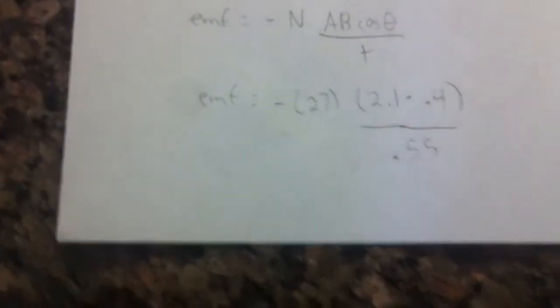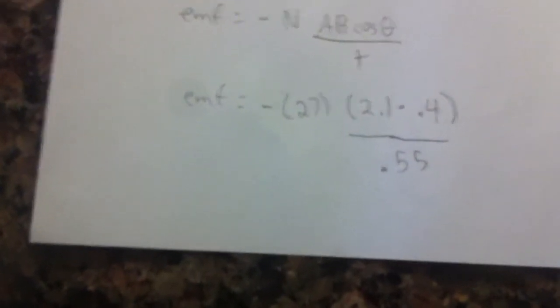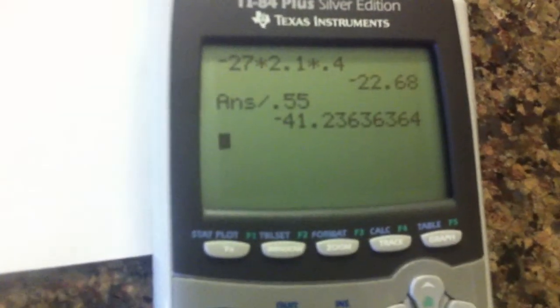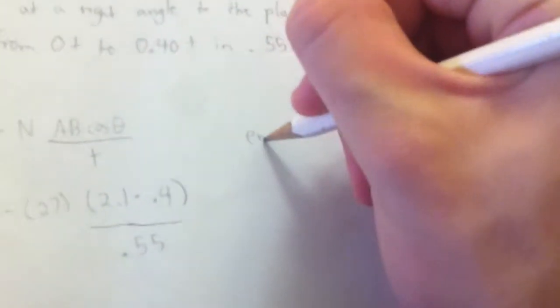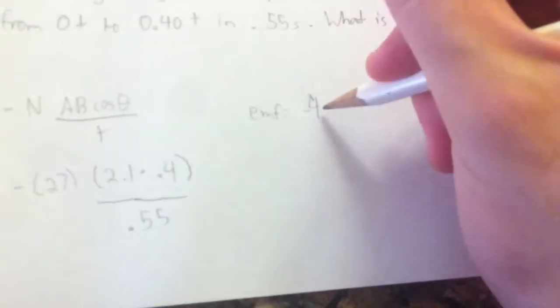Now all I have to do is divide that by the change in time, which is 0.55 seconds. And I get negative 41.2, and we're going to round that to 41.24. So the EMF equals negative 41.24 volts.